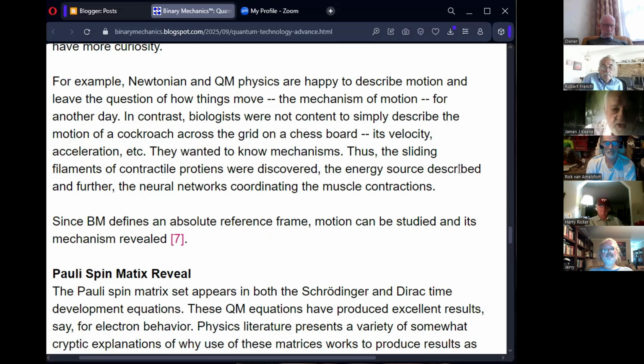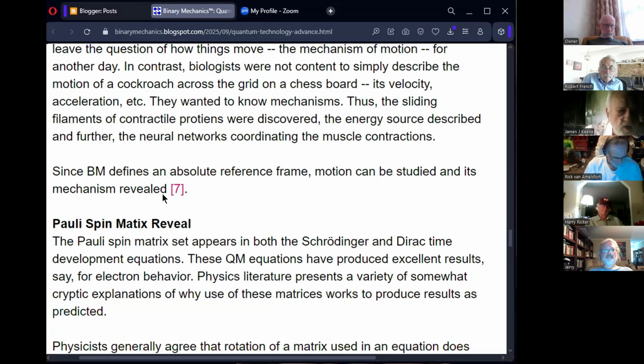The energy source described, the molecule ATP, manufactured in the mitochondria from glycolysis. And further, the neural networks coordinating the muscle contractions. So the biologists are way ahead of the physicists on this score of curiosity of how things work. Since BM defines an absolute reference frame, there's a big payday. Motion can be studied, number one, and its mechanism revealed, and the reference for that work is here.